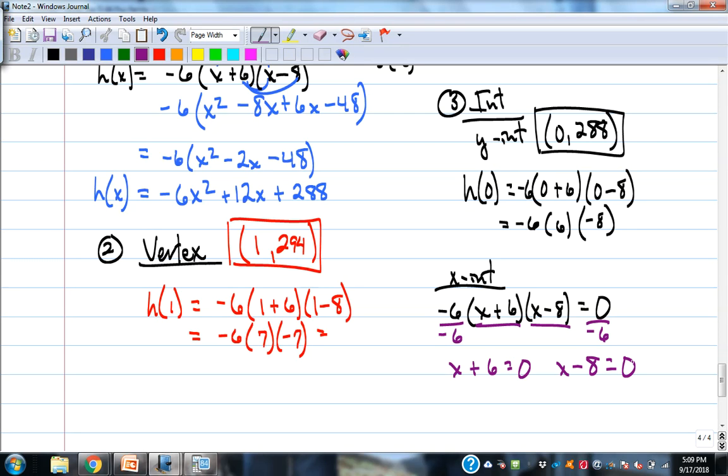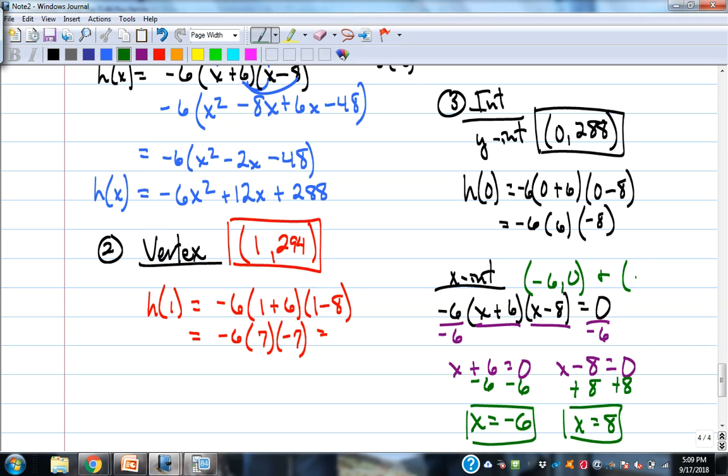If you're in intercept form, that's what you're going to do: take each parenthesis, set it equal to 0, and solve it, getting x by itself. Subtract 6: x equals negative 6, and x equals 8. Ordered pairs for those would be negative 6, 0, and 8, 0. And there we have the intercepts.